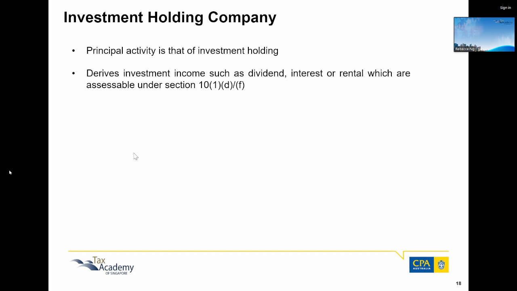Because they do not carry on a trade, these companies are not allowed deductions like losses, capital allowance claims, or losses carried forward. Also, expenses are more restrictive, limited to statutory expenses, direct expenses, and a portion of the indirect expenses. These slides are actually quite self-explanatory, so we move on to slide 25.